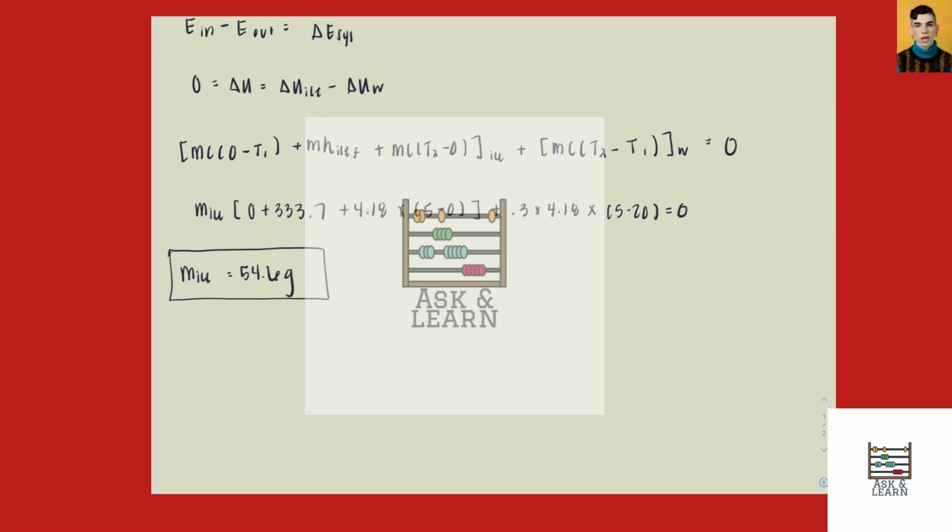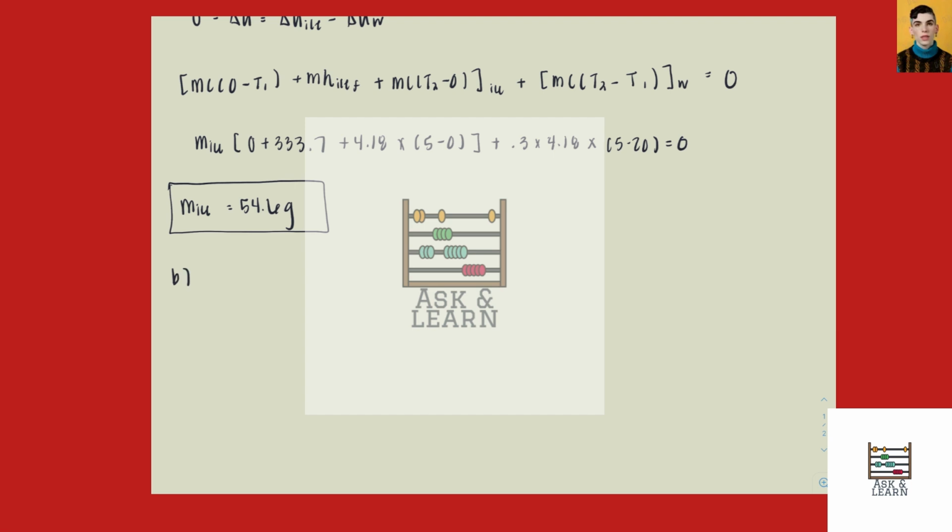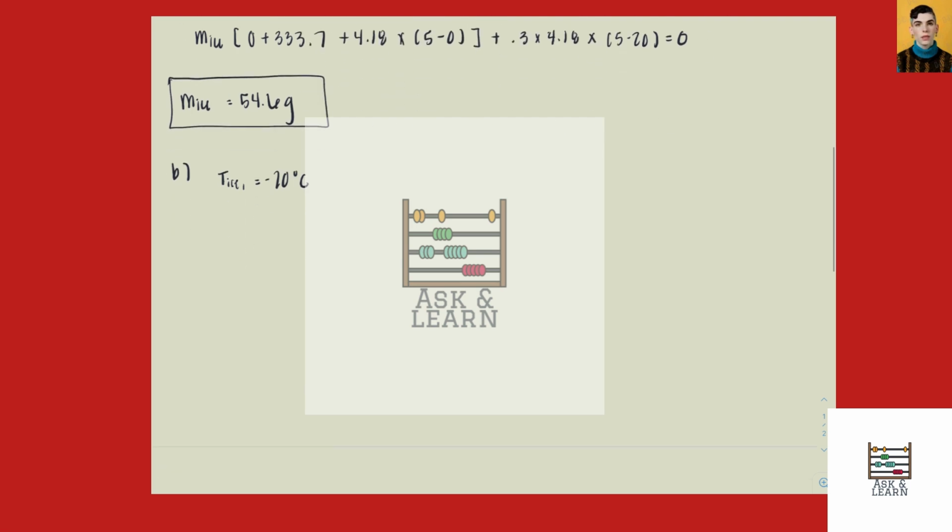So now for part B, we're going to find the mass of the ice when its initial temperature is negative 20 degrees Celsius. So take ice 1, so negative 20 degrees Celsius here. So this will give us that, so that is for the ice, and now we're doing it for the water.